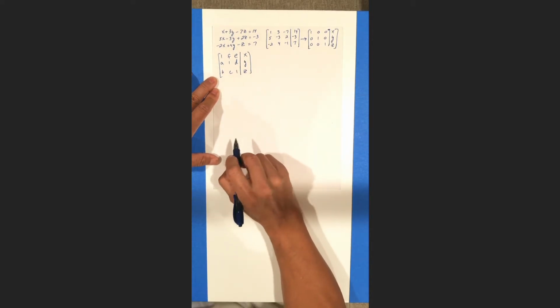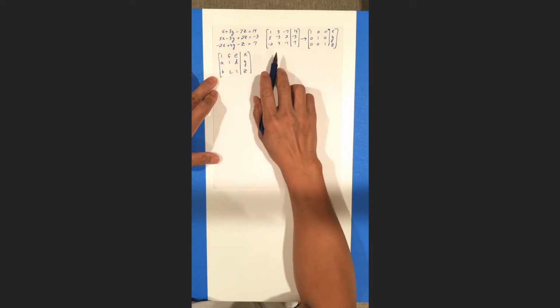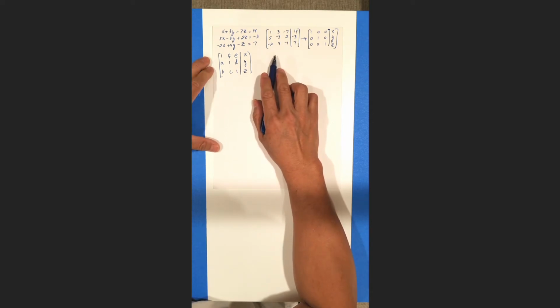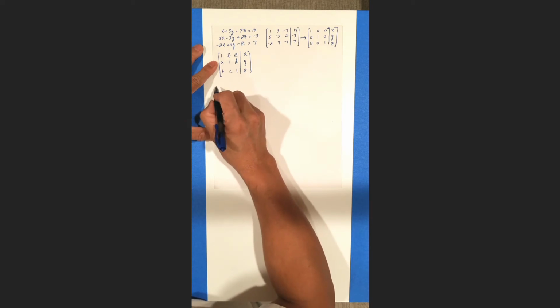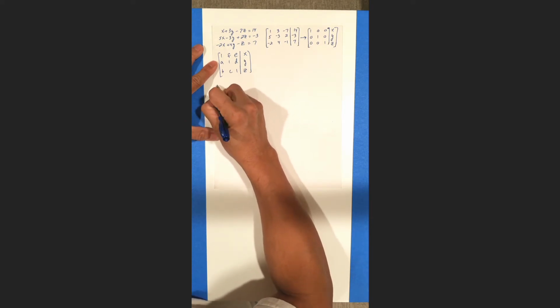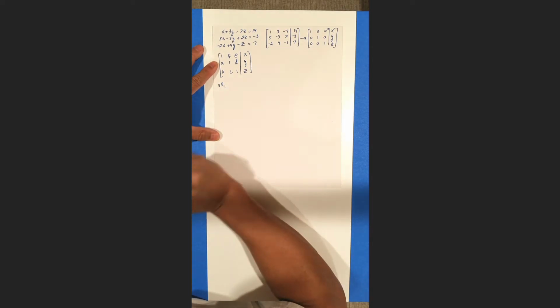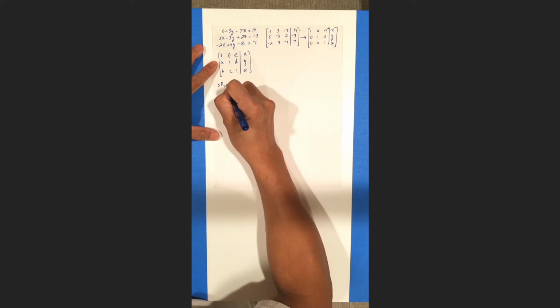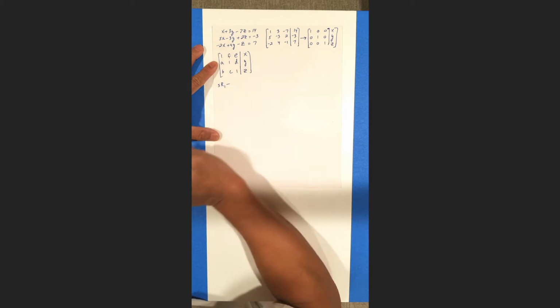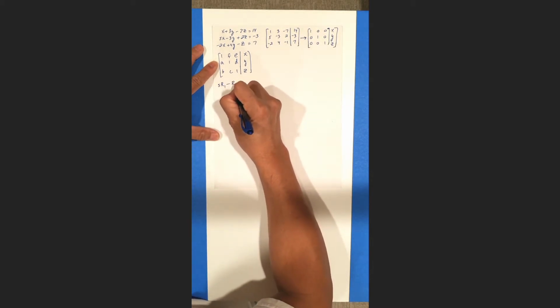Okay, so here's what we're going to do. We're going to take the equations we started with first. Okay, so our first step, for example, we're going to take 5 row 1, and we're going to subtract row 2.